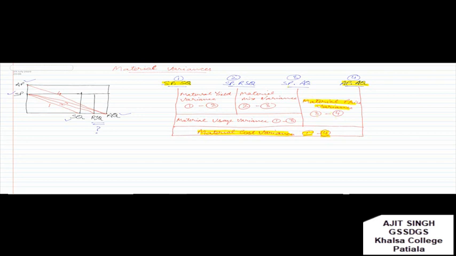Calculation 3 is standard price into actual quantity, and calculation 4 is actual price into actual quantity. Then material usage variance, it is the difference between first calculation and third calculation. First calculation we have done it standard price into standard quantity, and third calculation is standard price into actual quantity.